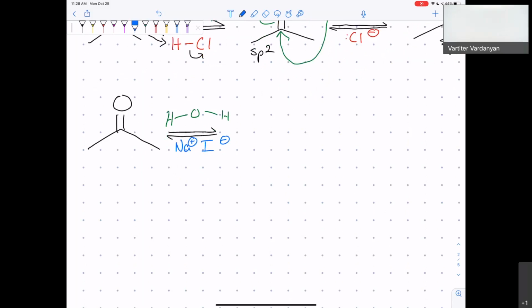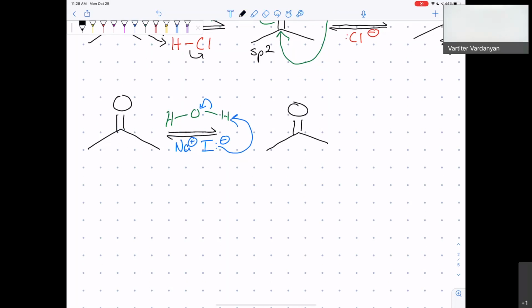All right, so a base does what to a reaction? Makes the nucleophile more nucleophilic. Cool. And we know that this guy right here is going to be the nucleophile. So instead of protonating the carbonyl, we're going to deprotonate the nucleophile. So we didn't touch the carbonyl.